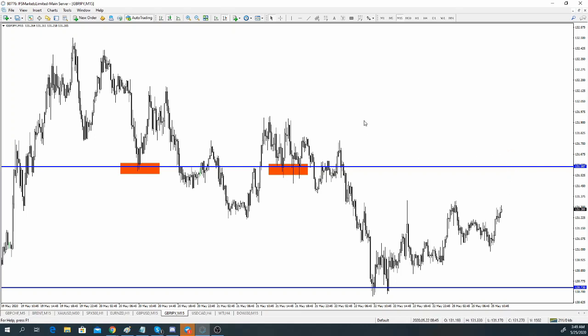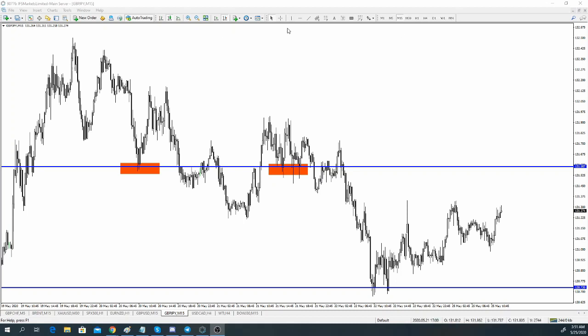Now this is the 50-minute chart, right? And the reason that we need to be using multi-time frame analysis when looking for entries and exits is because the levels on the lower time frame are just less strong than on the higher time frames.